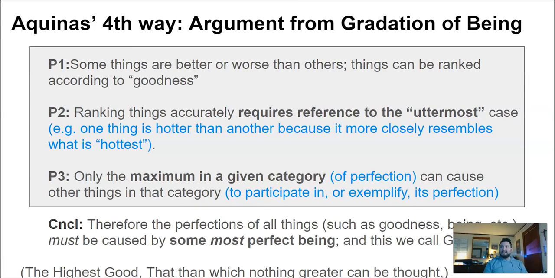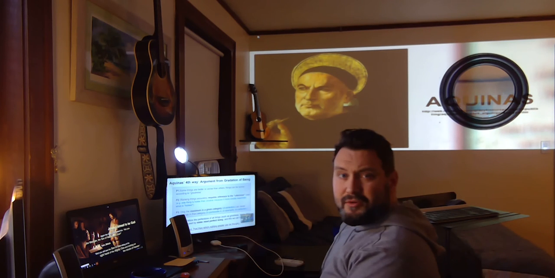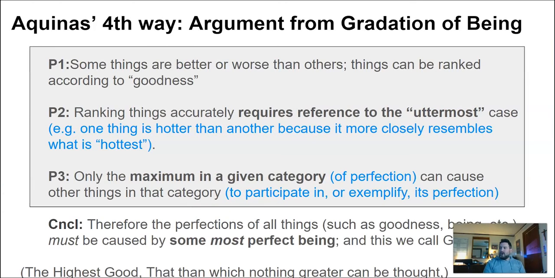Okay, let's start this argument again from the beginning. Go down in order. Premise number 1. Some things are better or worse than others. Premise number 2. Ranking things accurately requires reference to the uttermost case. Number 3. Only the maximum in a given category can cause the other things in that category.